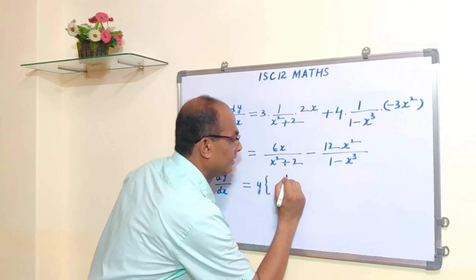6x upon x square plus 2, and minus 12x square upon 1 minus x cube.